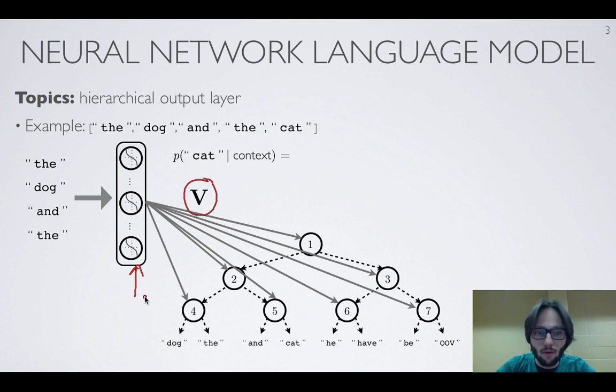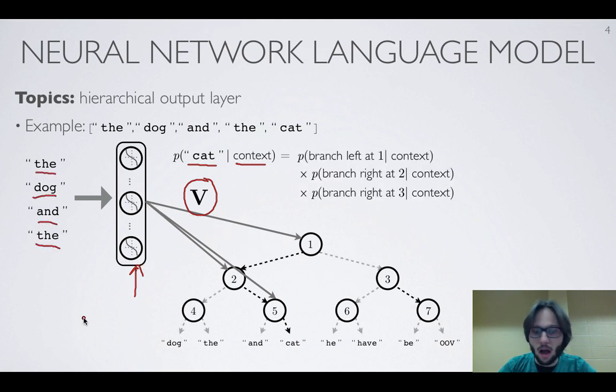And so like I said before, say we take this example where we want the probability that cat would follow the context, which is made of the words the, dog, and the. In this case, all I need is really the probability of taking the right branches at each of the internal nodes 1, 2, and 5.